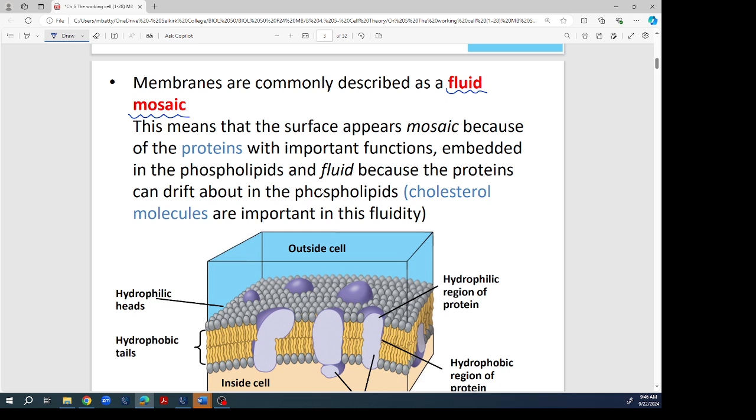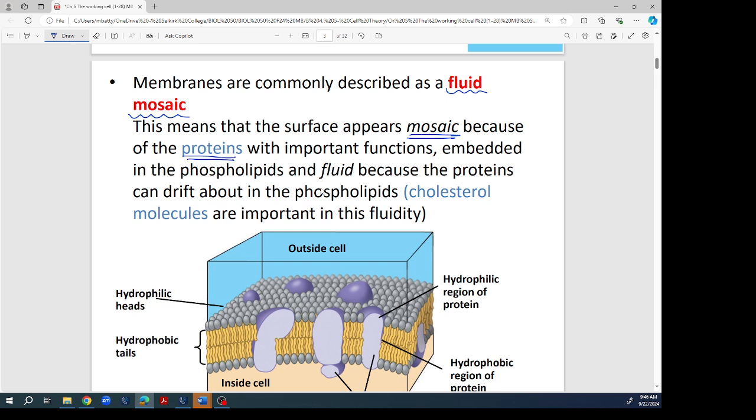So a mosaic means that there's more than one component to this. So like if you make a tile mosaic, you've got lots of different tiles. In this, we have a lot of different molecules. And the key one that makes it a mosaic structure would be proteins.